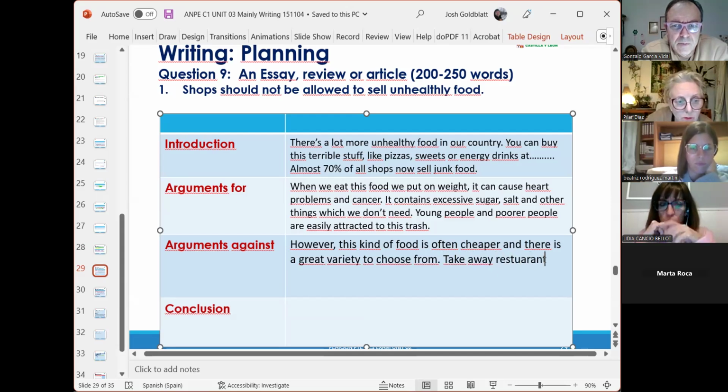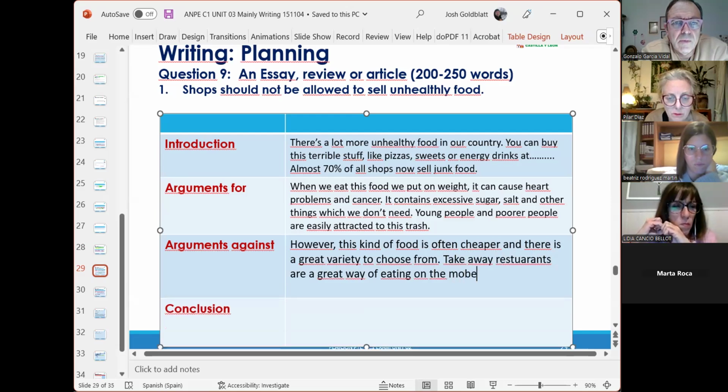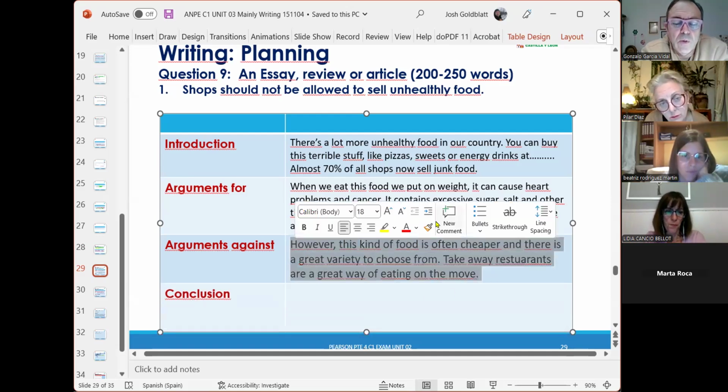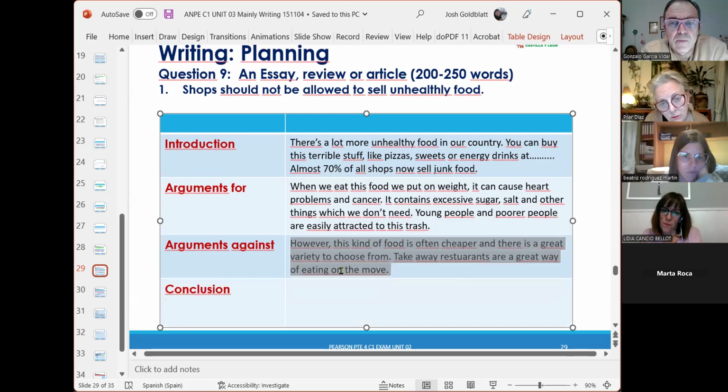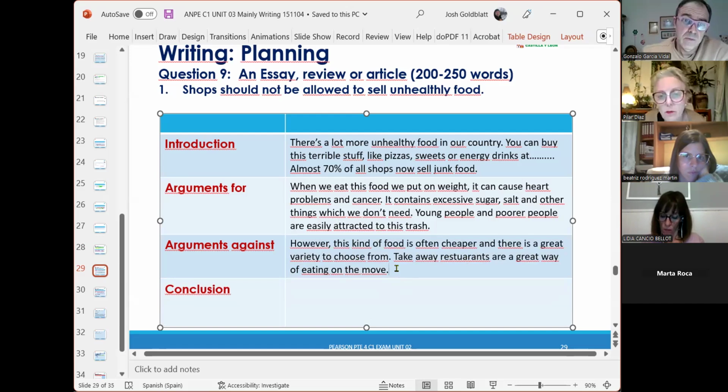Yes, and the name fast food means the advantage of this kind of food for people who, as you have said, are in a hurry. Absolutely. Okay, good. So you can eat it on the move. So we actually got it's cheaper, there's a great variety, and it's a great way of eating on the move. So we've got our three arguments. Beautiful. Thank you very much.